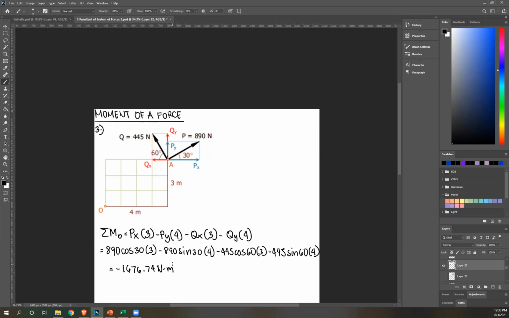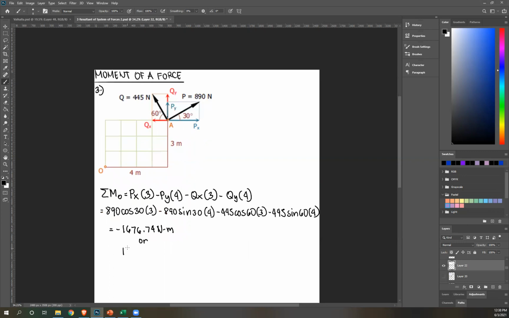So this negative, once again, does not denote an incorrect assumption. We didn't assume anything. We directly solved for a value. So this negative sign indicates direction. So negative moment means that's counterclockwise. So you can write your answer this way.